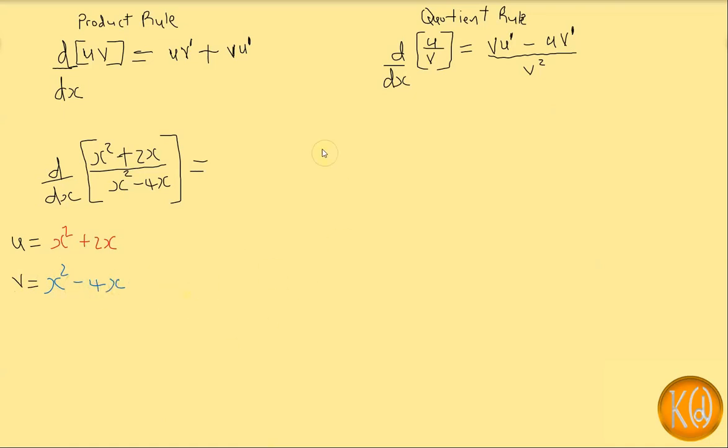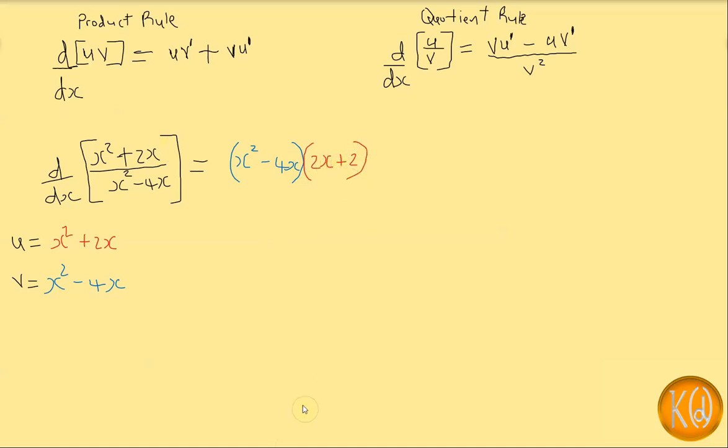Great, so now let's solve the problem. So we have v, and in this case v is x squared minus 4x times the derivative of the numerator, and our numerator is x squared plus 2x, so the derivative of x squared plus 2x, that's just 2x plus 2.